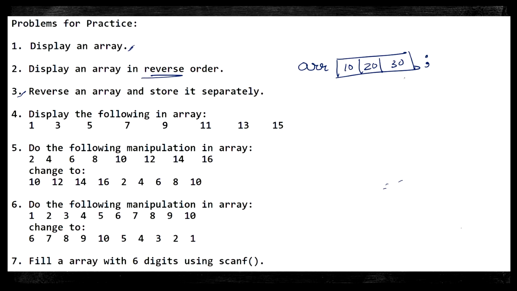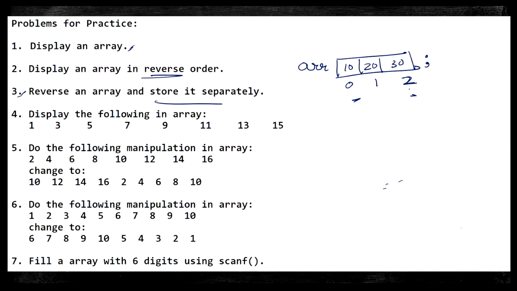That is by running the loop from 2 to 0, we reversely printed the array. But it is said over here, store it separately.